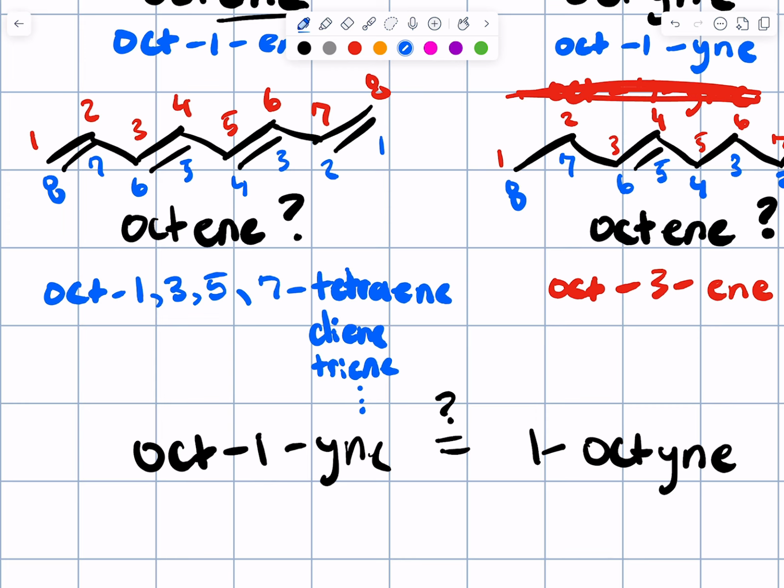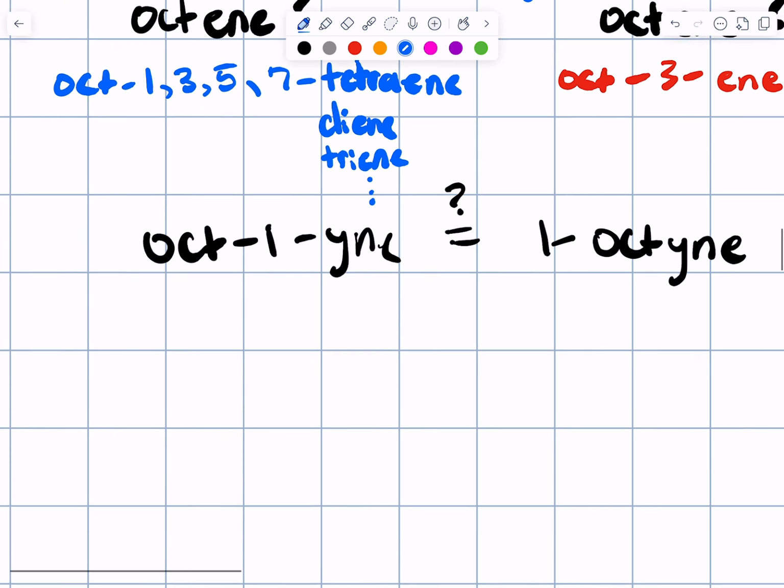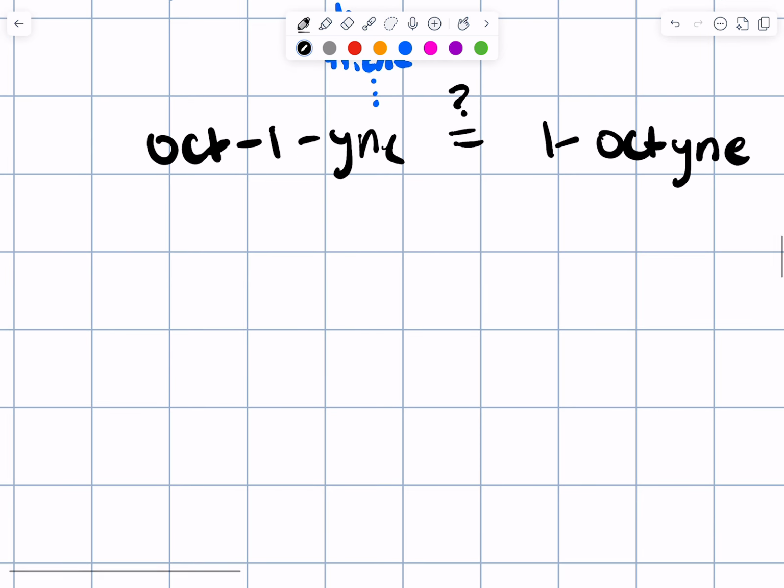Yeah. So if you had a combination of bonds, for example, if between 3 and 4 was a triple bond and the rest are doubles, how do you indicate the position of each of those? You're gonna love this. So if we have a molecule like this, is this an alkene or is it an alkyne?